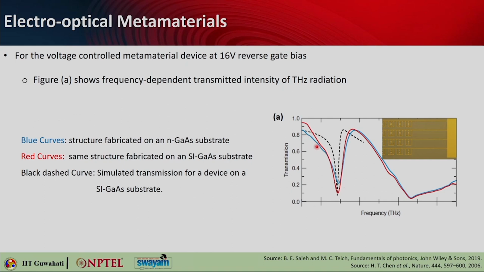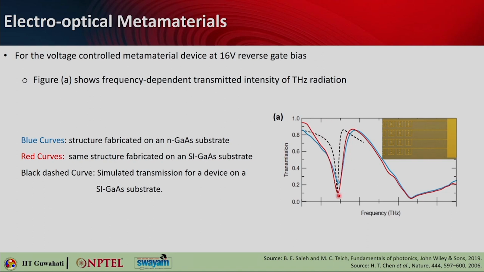The blue curve that you see here is the structure fabricated on an n-type gallium arsenide substrate. The red one is the same structure fabricated on a semi-insulating gallium arsenide substrate, and the black dashed curve that you see here is the simulated version of the transmission curve.